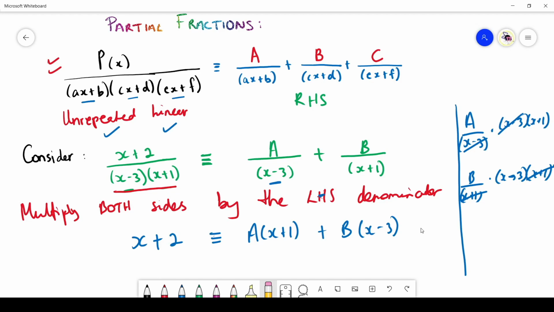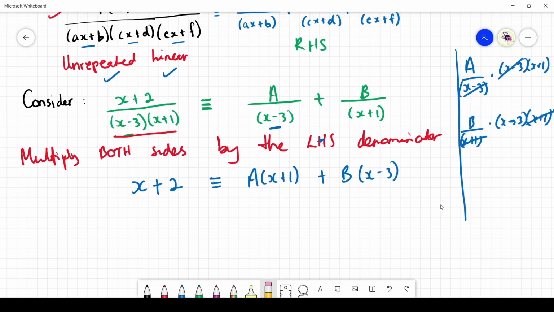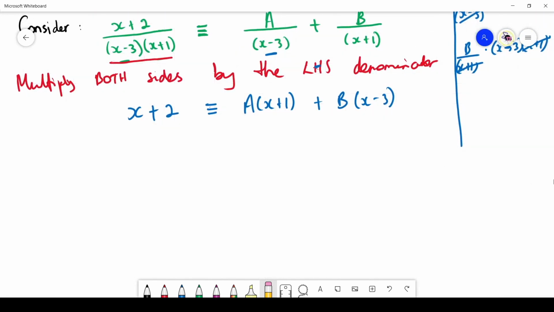There's actually several things you can do if you want to solve for the values of A and B. In this first example here, I'm going to show you one of the things you can do to find values of A and B. And the first method, so method 1 if I want to call it that, let's try using black here.